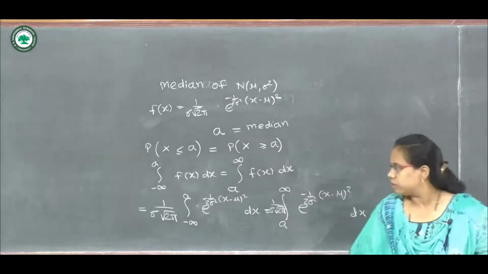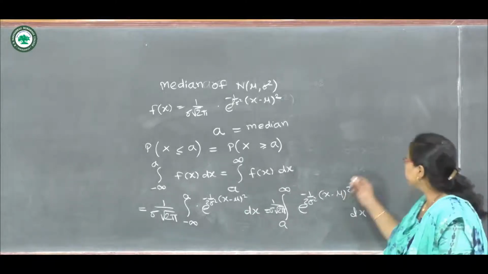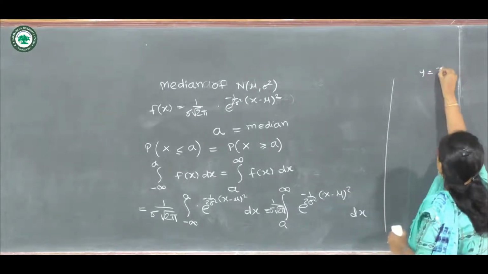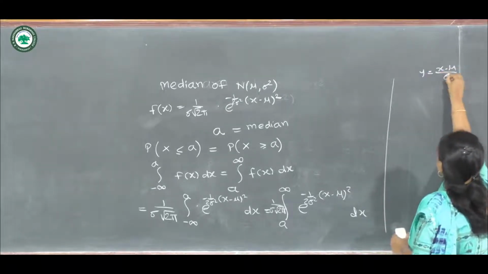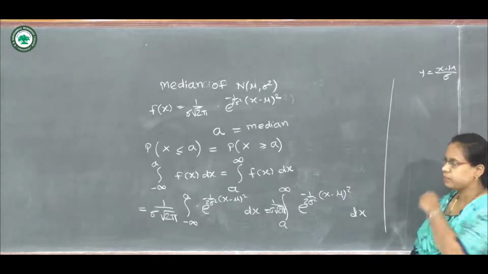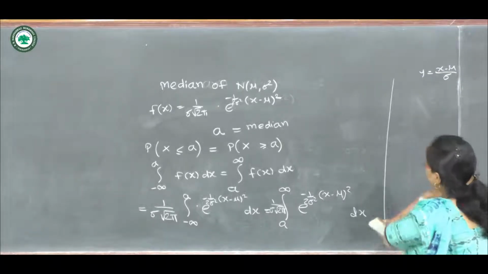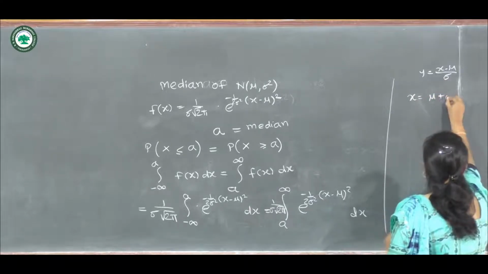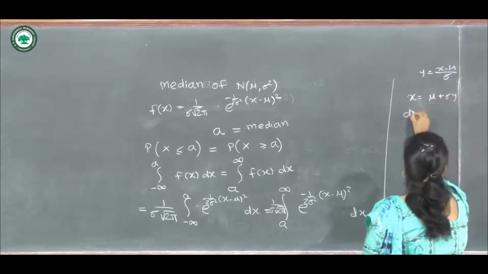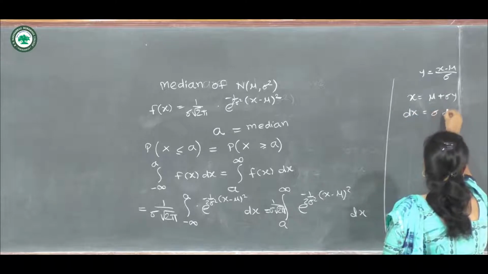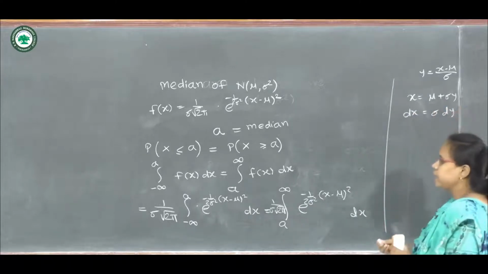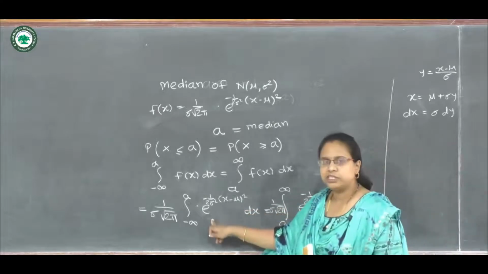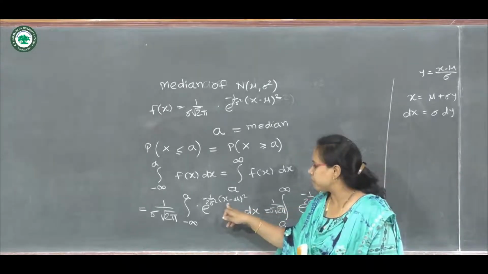Now we will make a substitution in both sides. So y equal to x minus mu upon sigma. So we will use this substitution for further. So x equals mu plus sigma y and dx will be sigma dy, and the range of y here will get changed due to the range of x.